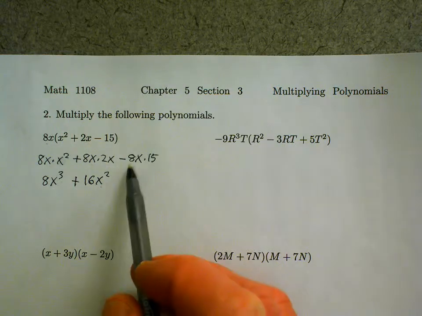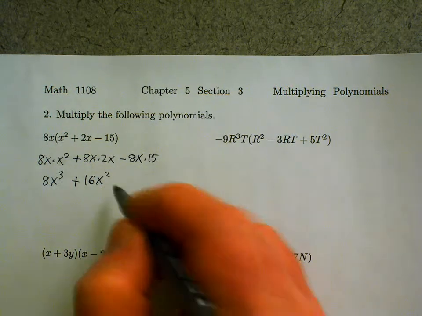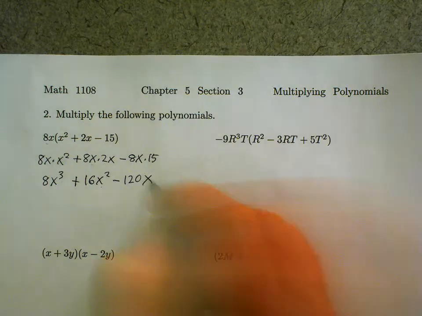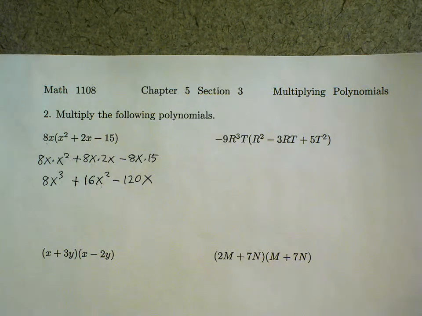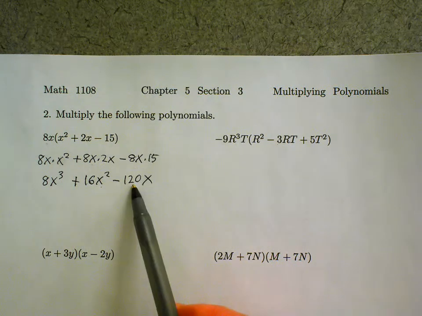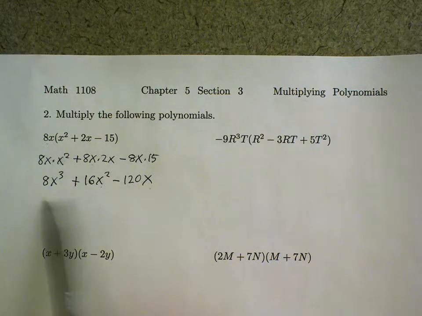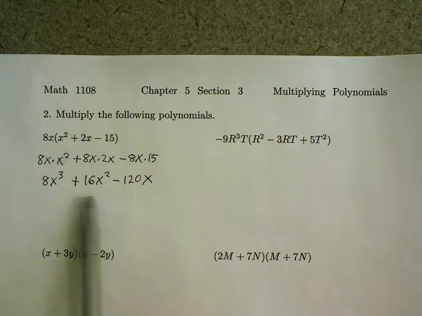And then minus 8x times 15, this is minus 120x. So 8 times 15 is 120, and then one variable of x. And that is as far as we can go. We can't add and subtract further because the terms are not like terms.